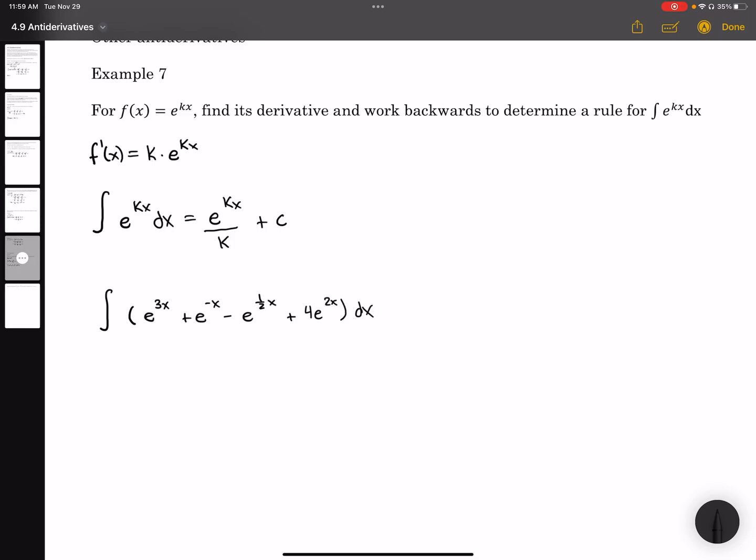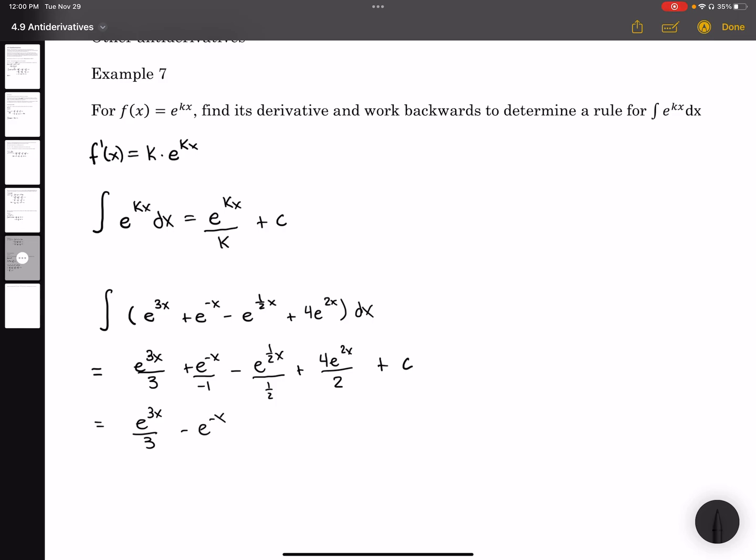Using that rule, this is equal to e to the 3x divided by 3 plus e to the negative x, the derivative of negative x is negative 1, minus e to the 1/2 x, the derivative of 1/2 x is 1/2, plus 4e to the 2x divided by the derivative of 2x, which is 2, plus a constant.